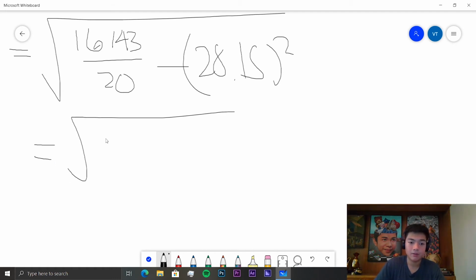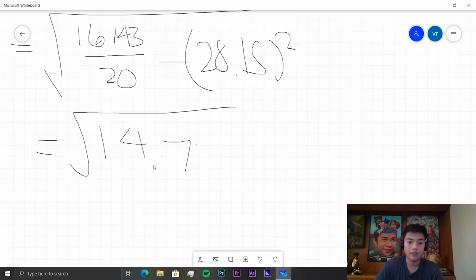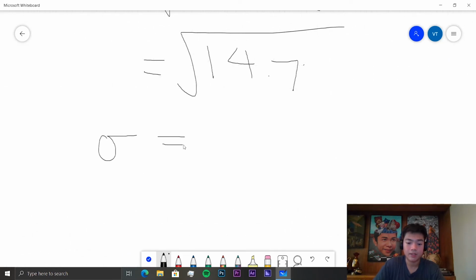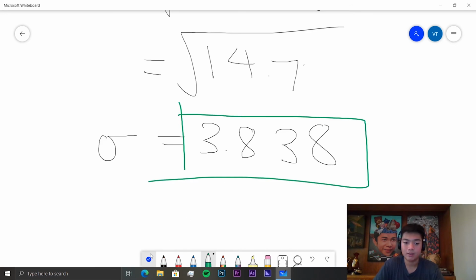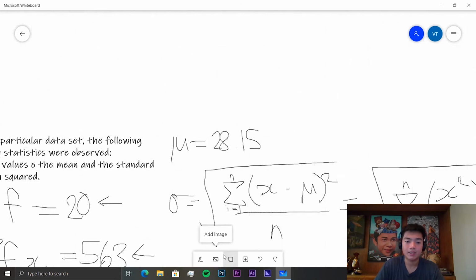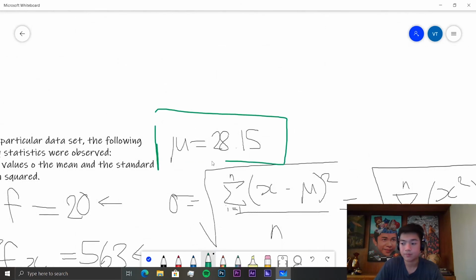So I get the square root of 14.7, and so our standard deviation should be equal to around 3.838. So that's the standard deviation, and this is the mean up here. Yeah, so we're cool with that. Now we can move on to the next question. Let's just check the answer is right.